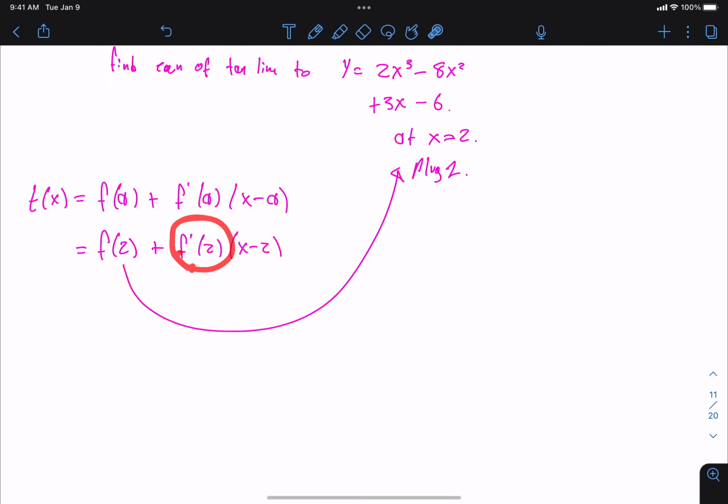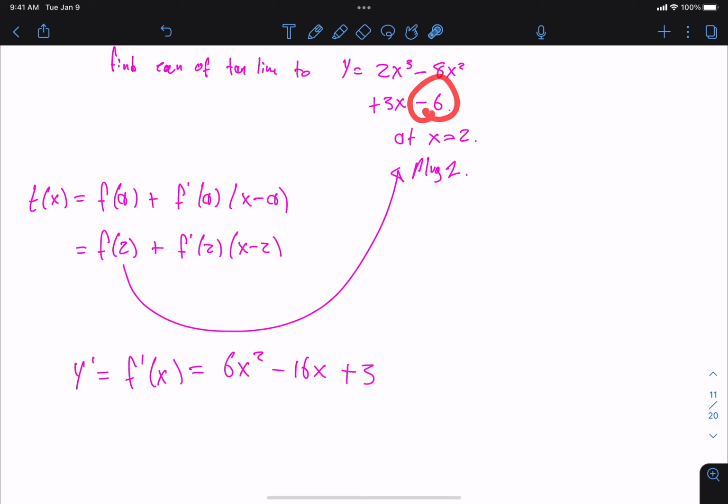So the way we do the derivative for this one is we use 3 rules: power rule, constant multiple rule, and also sum and difference rule. Those are the rules which we use. So to get y prime, which is f prime of x, we do the derivative, which in this case we get 6x squared minus 16x plus 3, and the 6 just goes away because the derivative of a constant is 0.